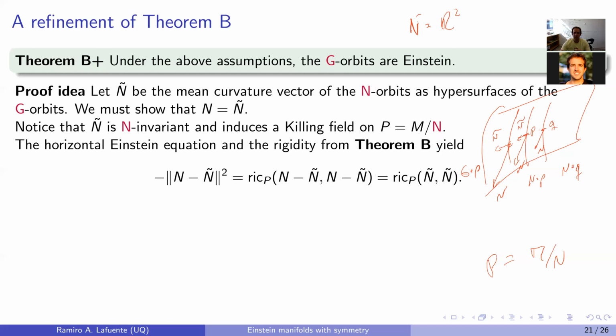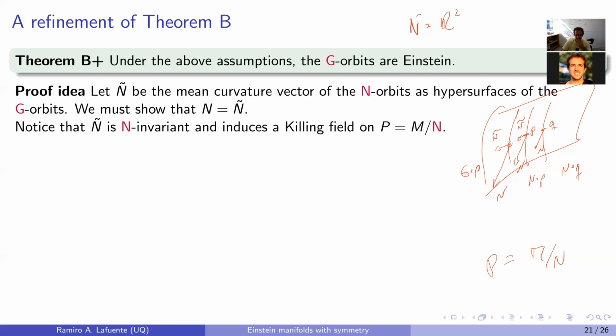Well, but recall that ñ is Killing on P, n is parallel on P, so in particular also Killing, right? So the idea is to consider the difference of n and ñ and apply a Bochner type argument. Right?